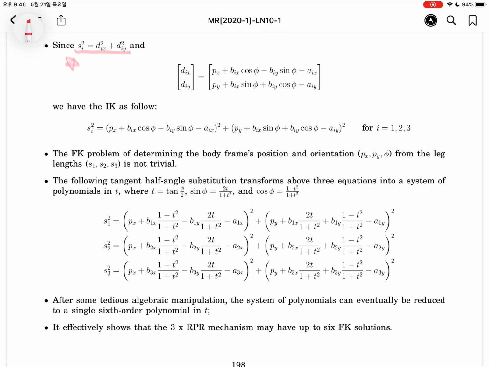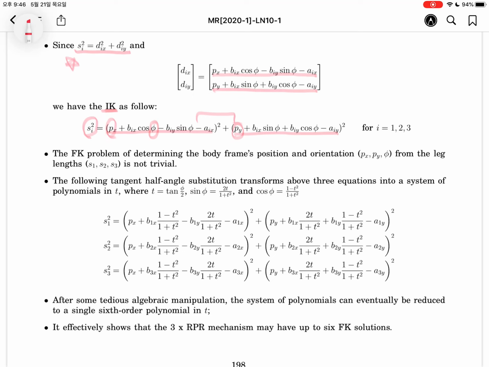As mentioned before, d_ix has four terms, d_iy also has four terms like this. The IK issue can be written, as you can see in this equation, d_x squared plus d_y squared. So we can determine each leg length using this equation for given p_x, p_y, and phi.